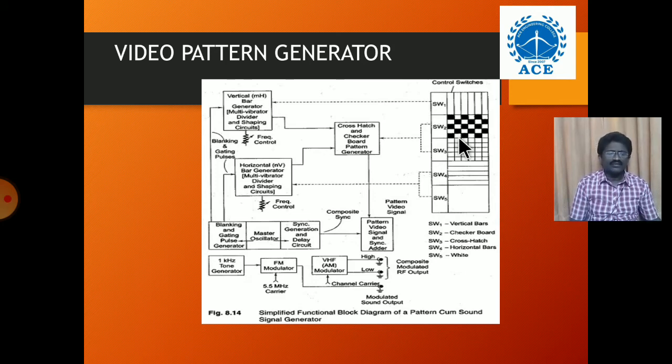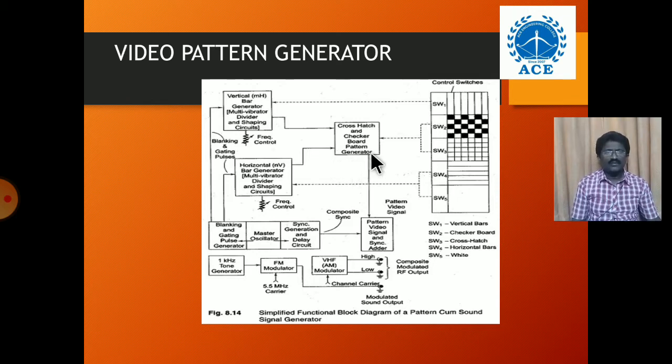The number of horizontal bars can also be varied by the potentiometer that controls the switching rate of the corresponding multivibrator. The bar pattern signal is combined with the synchronous and blanking pulses in the video adder to produce a composite video signal before being fed to the modulator.